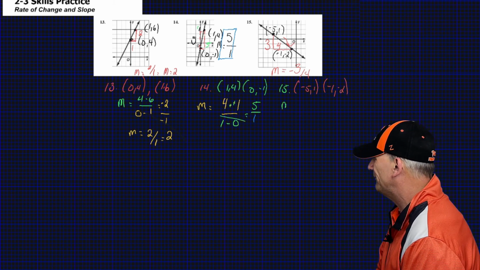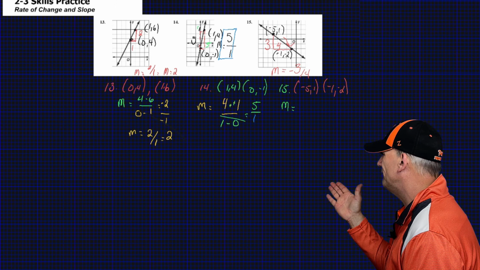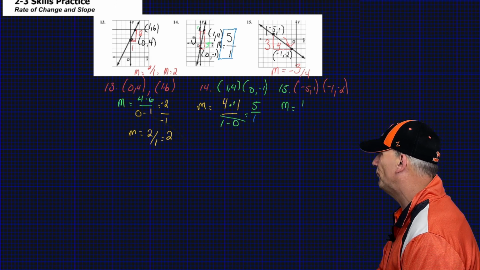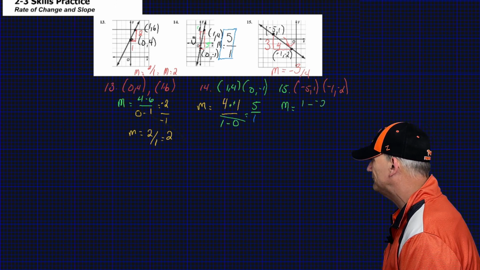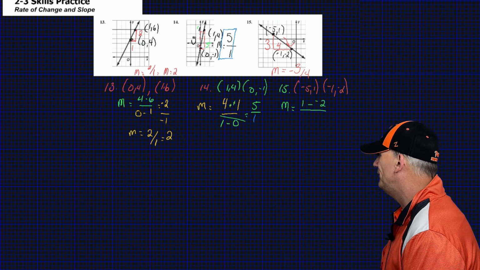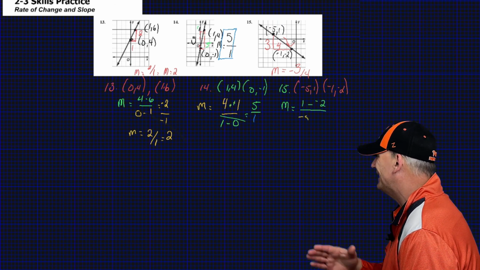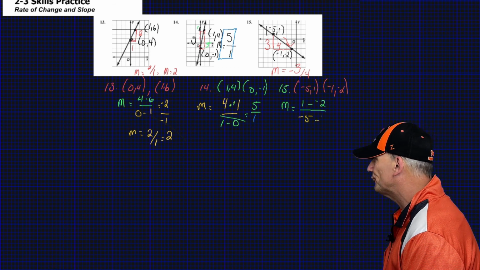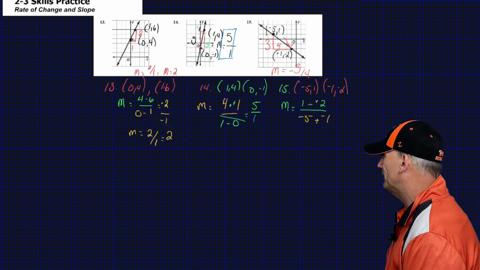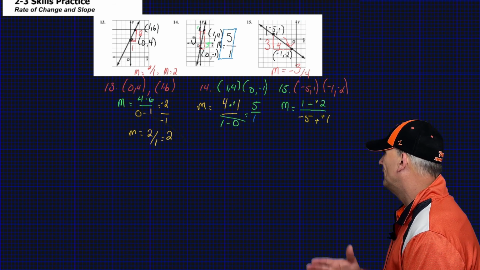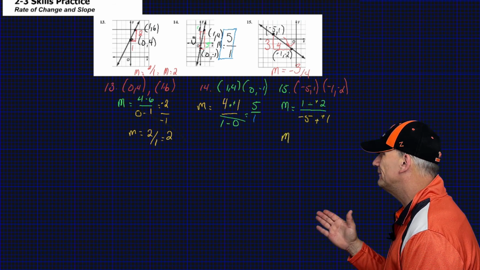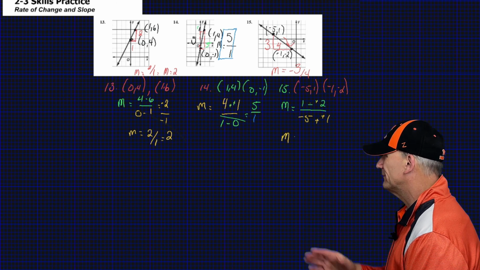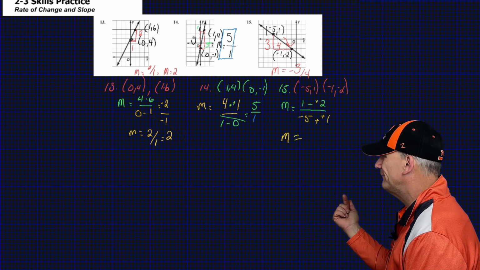All right, let's do the math. So we have 1 minus a negative 2 in the numerator, and negative 5 minus negative 1 in the denominator, sorry. Keeping in mind our positive and negative integer rules, the numerator is going to be 3. And what's the denominator going to be? Negative 4. So what do we have?